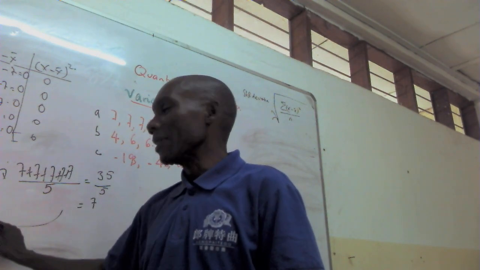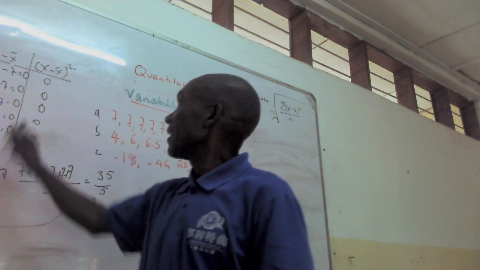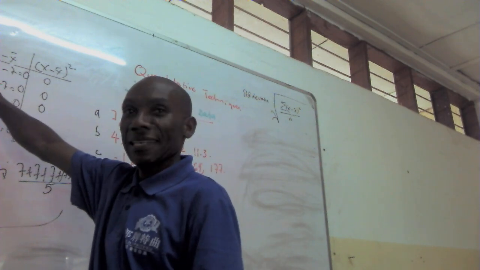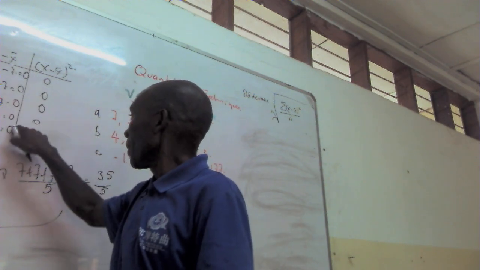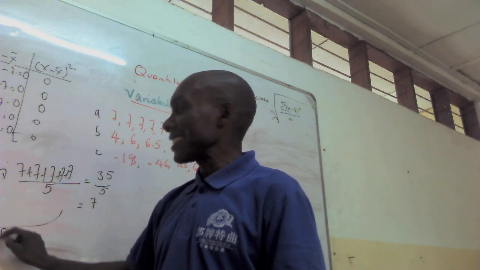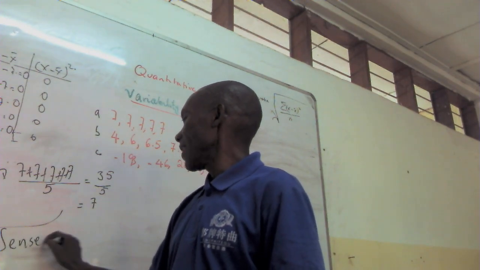The 7 is this one, and this 7 is this one. That's why the data is said to have no sense. There is no sense at all.